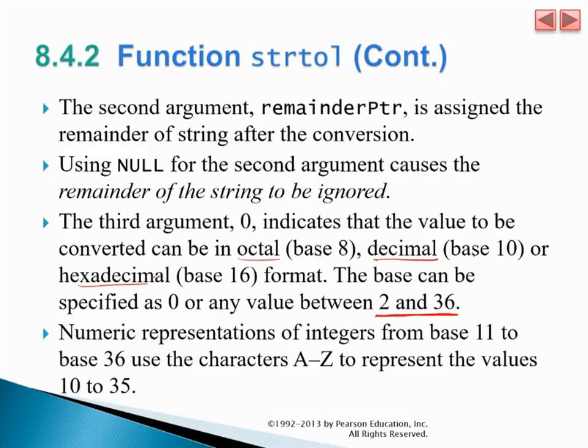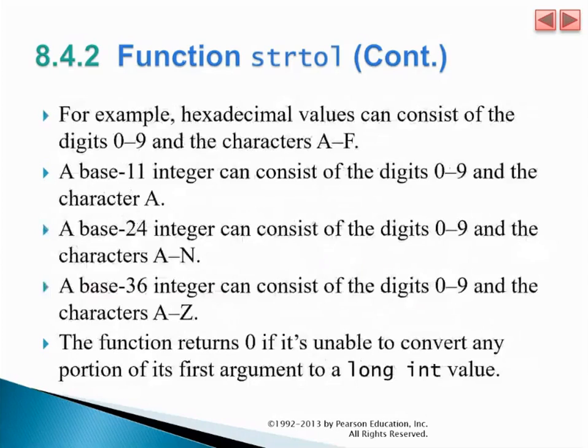Now I hope the base concept is clear to you. Hexadecimal digits are 0 to 9 and A to F; hexadecimal means base 16. If there is base 11, then we have the characters 0 to 9 and the character A also, so 10 plus 1 becomes 11 digits. If we have base 24, then 0 to 9 and A to N, so 10 plus 14 becomes 24 digits.